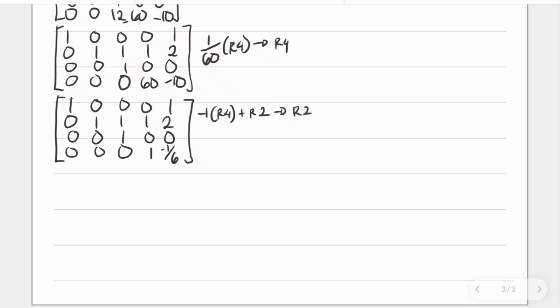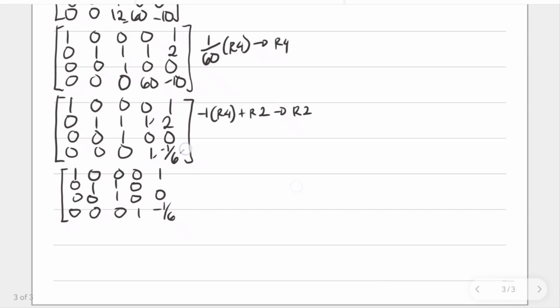So this would become here 1, 0, 0, 0, 1. So the fourth row is still this. The third row is still this. Here comes the changes. Of course, this is still 0. That's still 1. This is still 1 because the multiplier is 0. So negative 1 times 1 is negative 1 plus 1, 0.